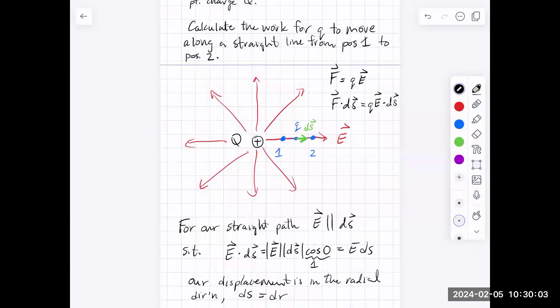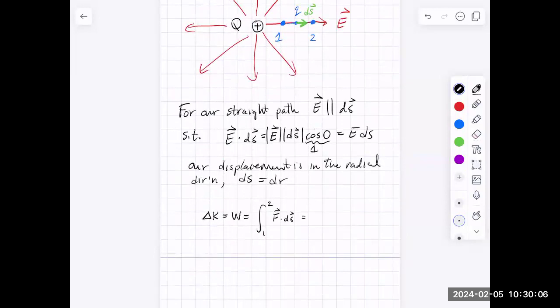Okay, so this is going to be the integral from 1 to 2 of Q times E dot ds, which is the same thing as from 1 to 2, because the dot product goes away, and ds is in the radial direction, I'll write it as a dr. And then finally, we could put in the strength of the electric field.